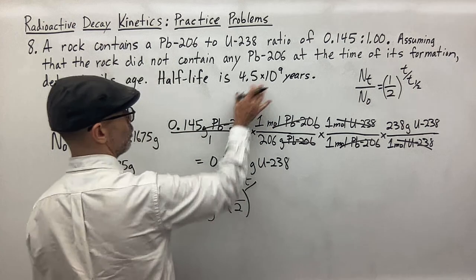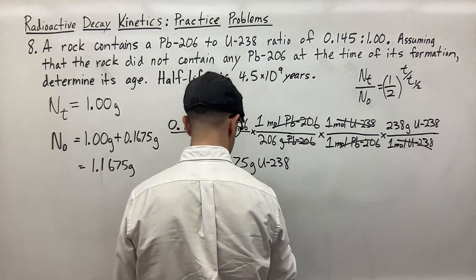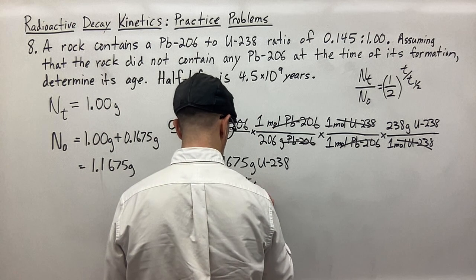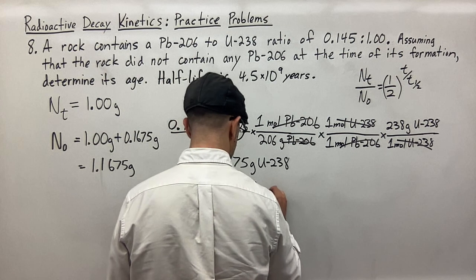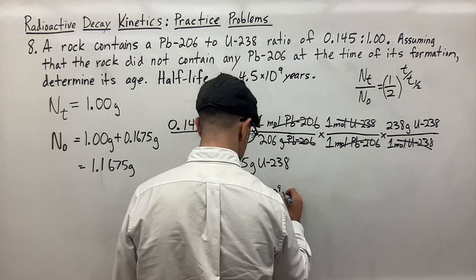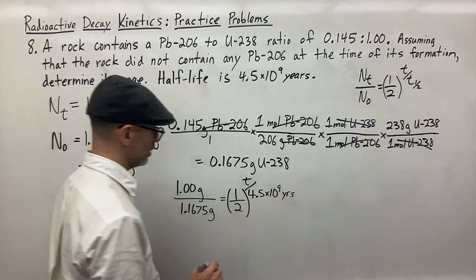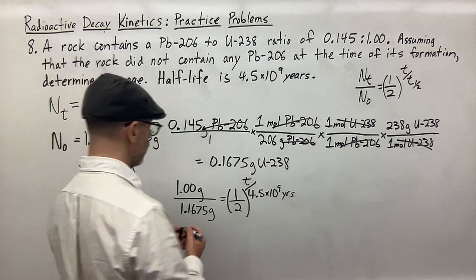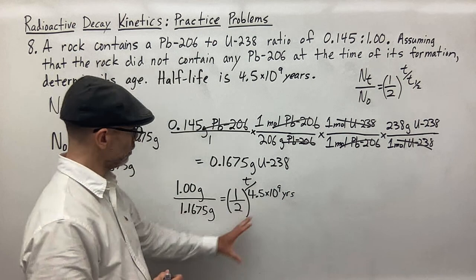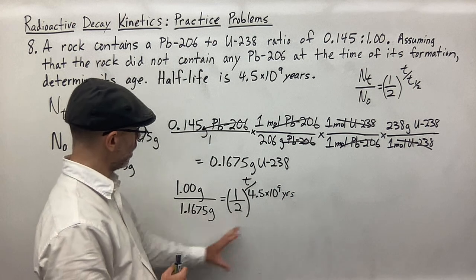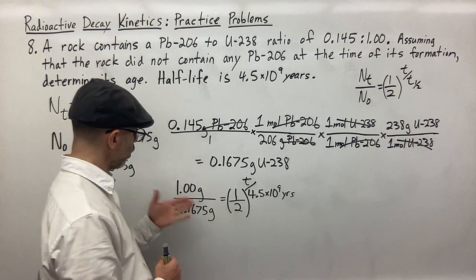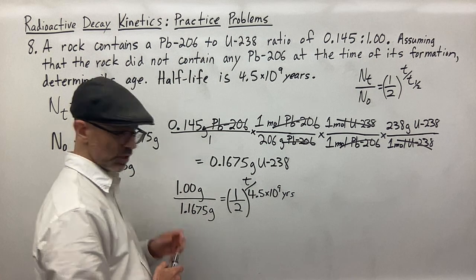Now the half-life is 4.5 times 10 to the 9 years. So now I can start working this problem out. Let's take the division of this.